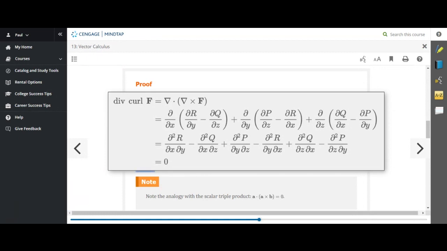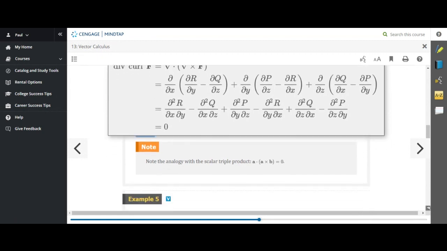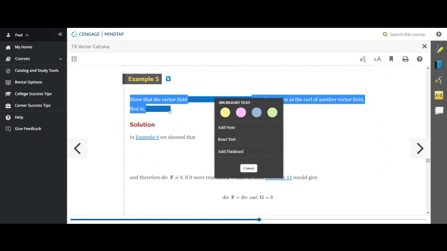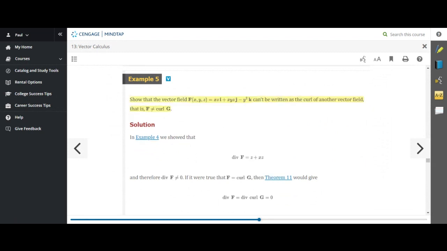Okay, so like in example 5 here, they want you to show that the vector field we saw in example 4 can't be written as the curl of another vector field.